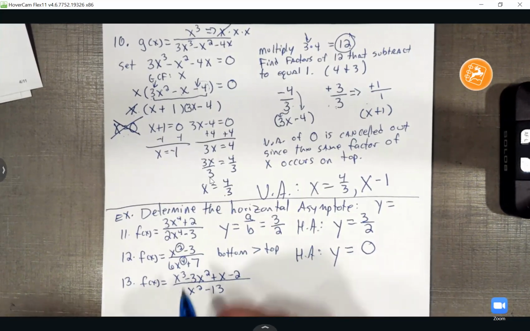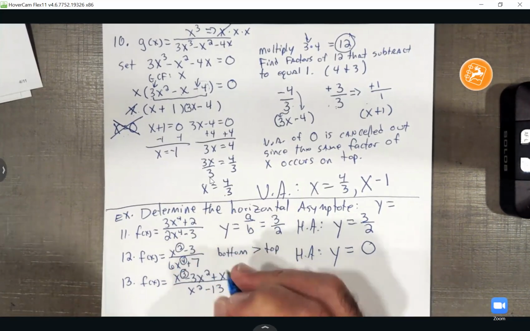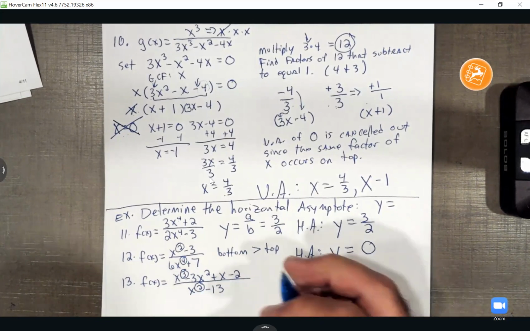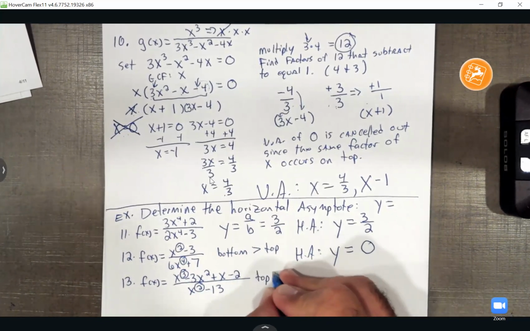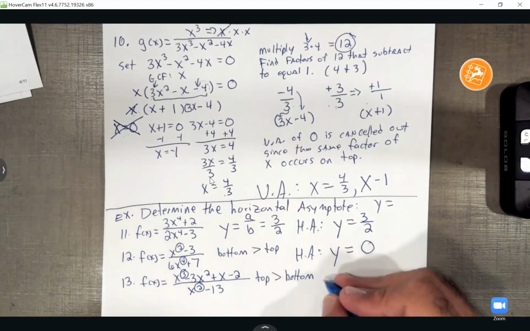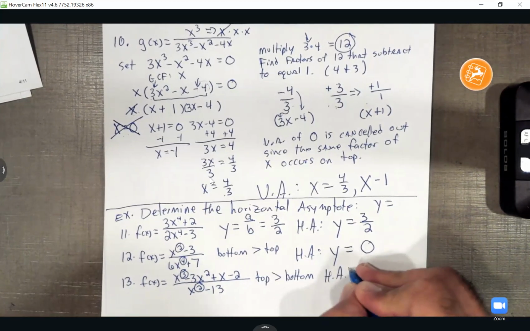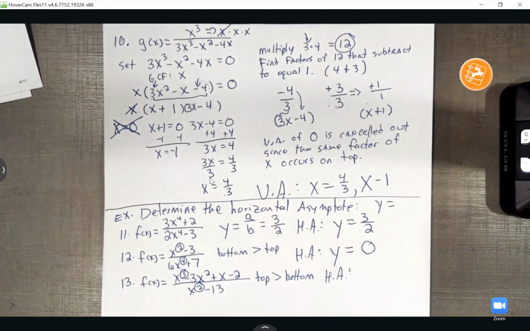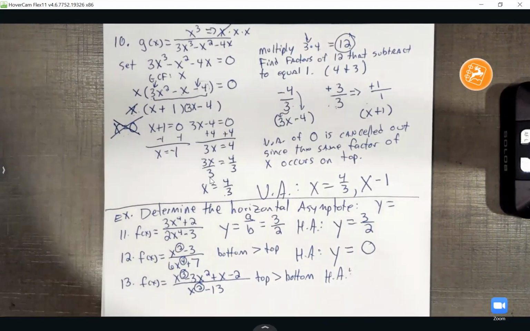So this one has a degree 3 on top, degree 2 on bottom. So the top is greater than the bottom. So what did I say about that one as far as horizontal asymptotes go?